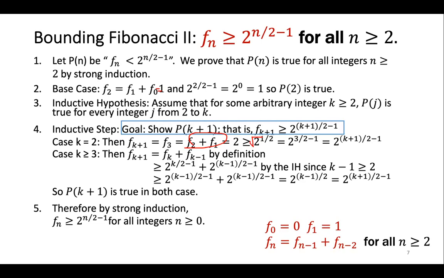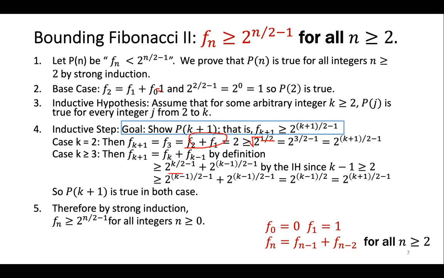So the next step that we need to do is prove when k is equal to 3 and greater than 3. Likewise, as in the previous question, we have to use this definition.